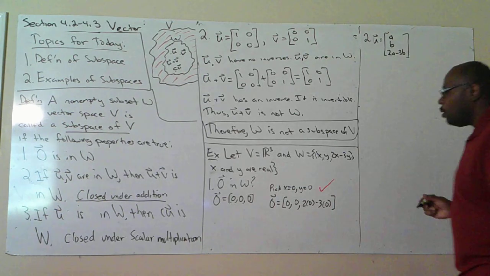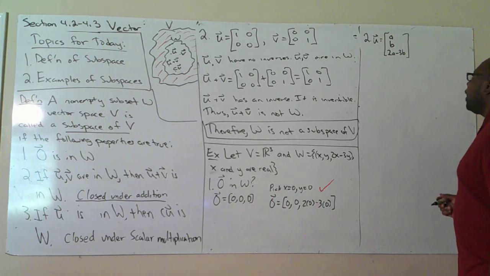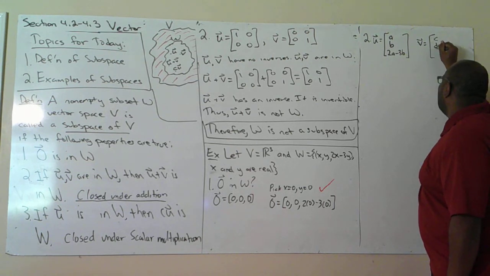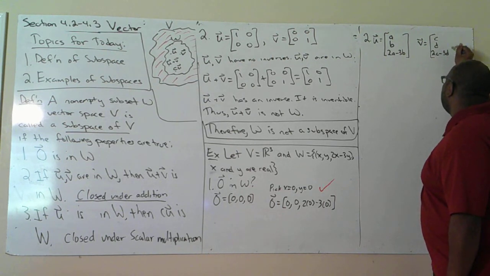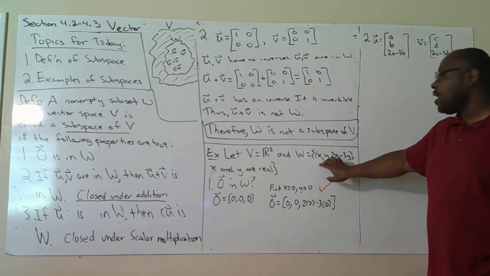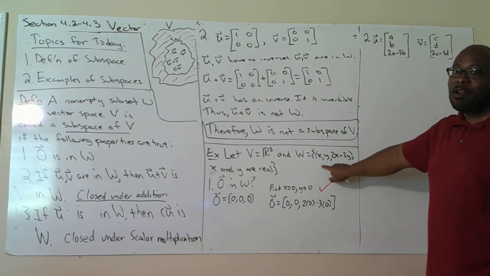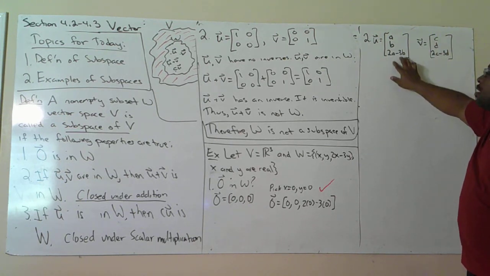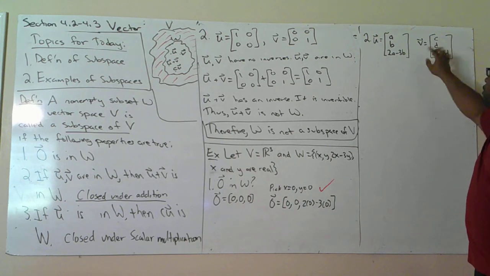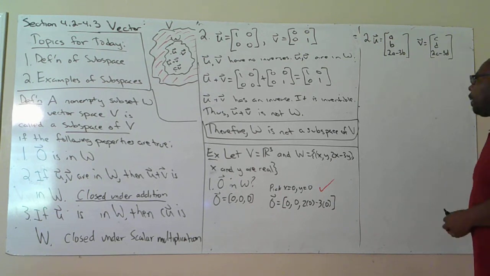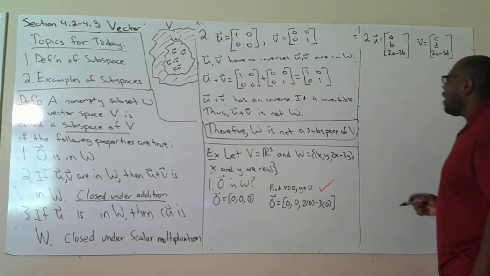That'd be U, where A and B are just my X and Y. And V, I'm going to write that as C, D, 2C minus 3D, where C and D are my X and Y. Now notice that U and V are both in W. They have the same form that I have for all my vectors in W: X and Y can be anything, but then Z has to depend on whatever I pick for X and Y. So A and B and C and D could be anything, but Z is going to depend on whatever I pick for A and B or C and D. Okay. What happens when I add them together?